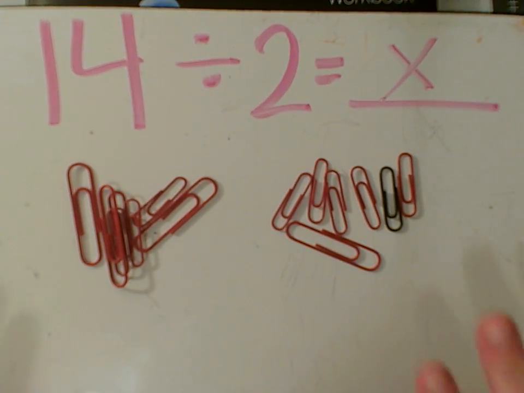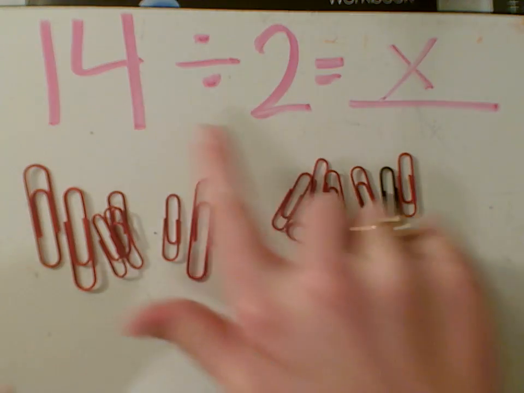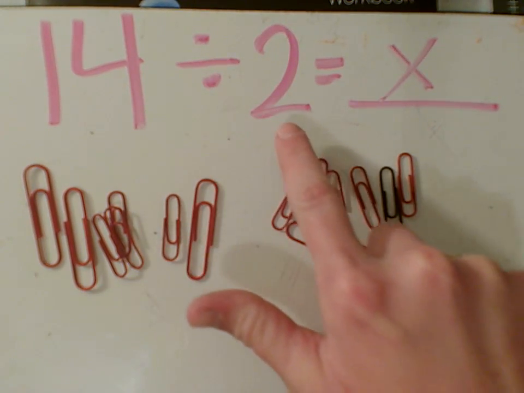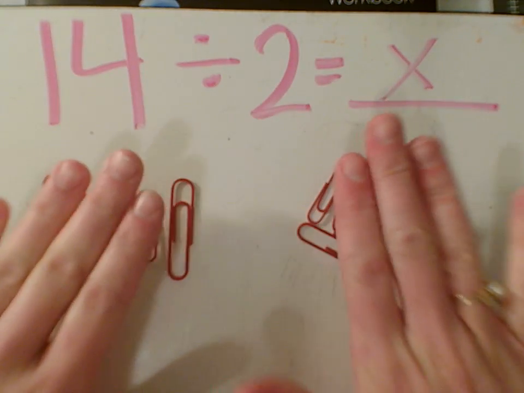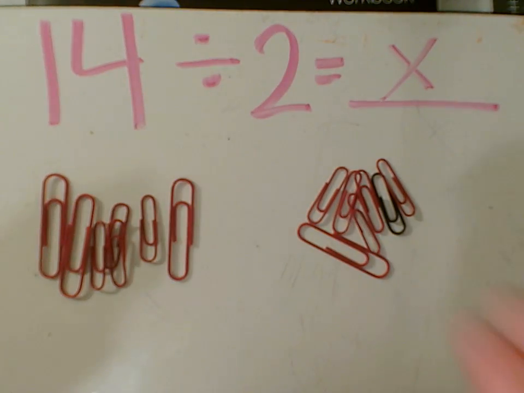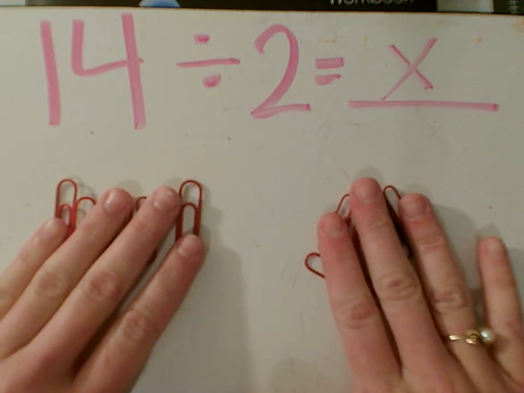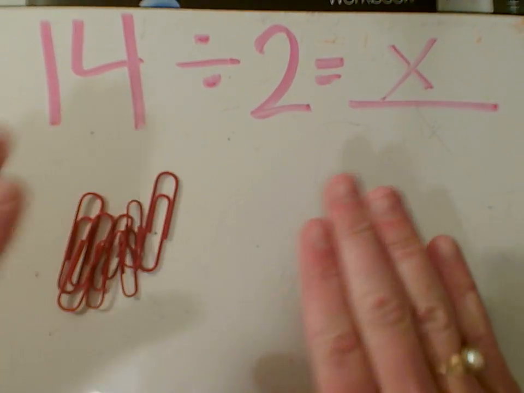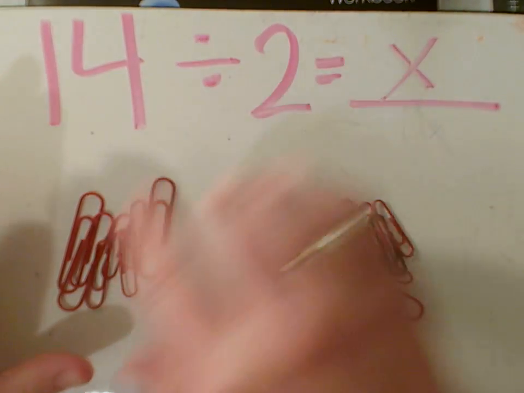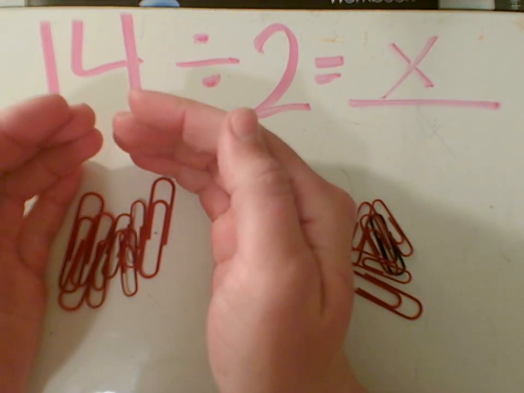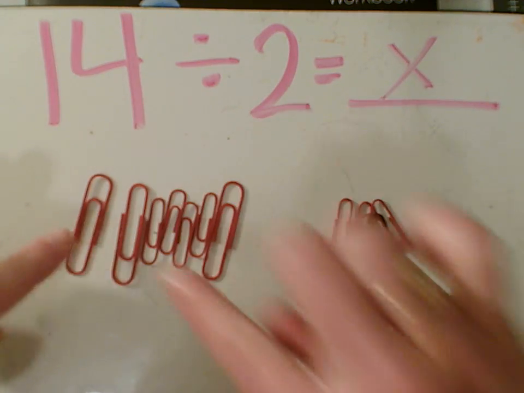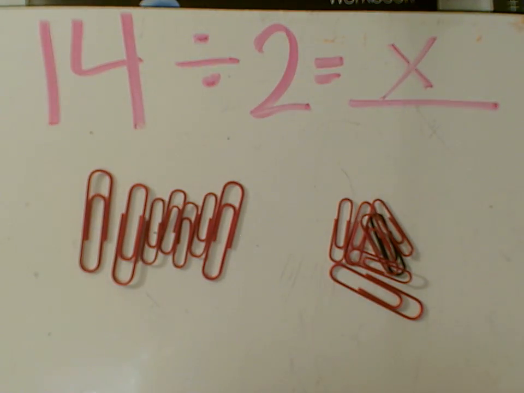I am out of my paper clips, and I divided 14 into two groups. Now, this X represents how many paper clips were in each group. So 14 divided by 2 equals what? So we divided in 2, and how much is in each group? 1, 2, 3, 4, 5, 6, 7.